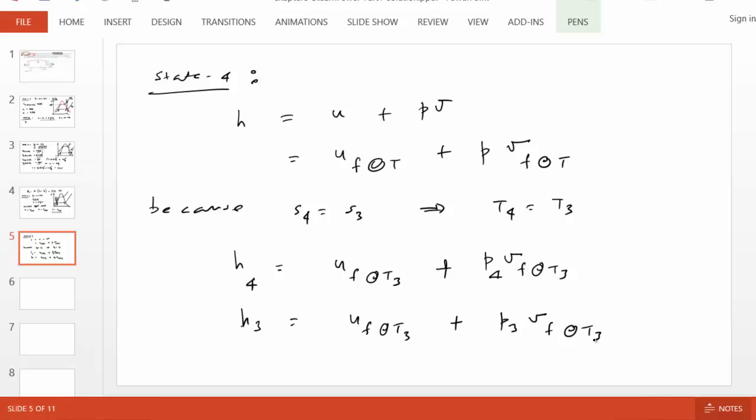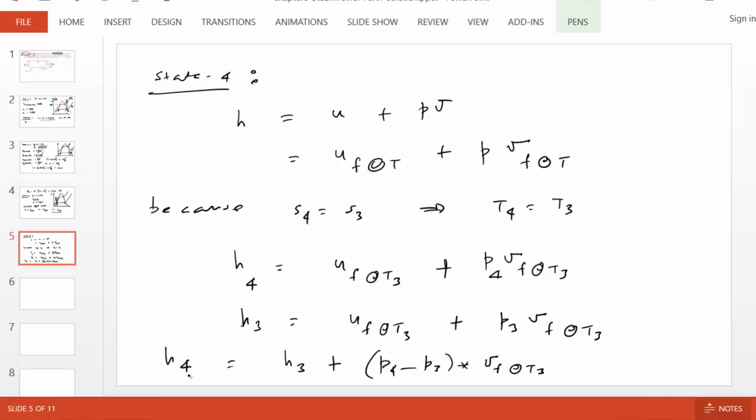So therefore, one can write a relationship: H4 is H3 plus P4 minus P3 times VF at T3. So this is how the liquid enthalpy is calculated. A little bit complicated, but you can go revisit chapter 3, which discusses this in detail, and find out how to find enthalpy of a liquid.